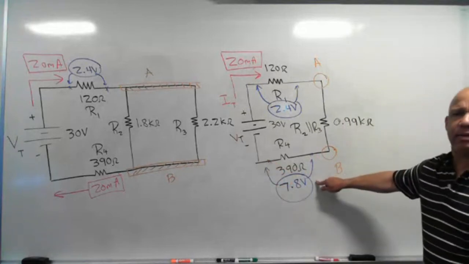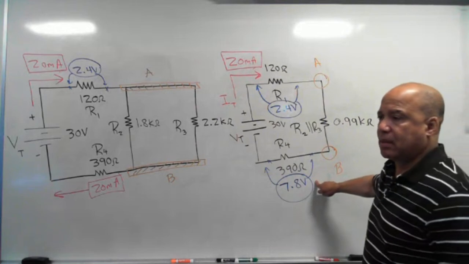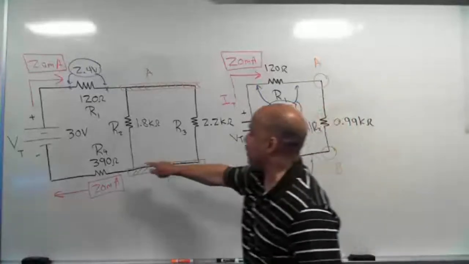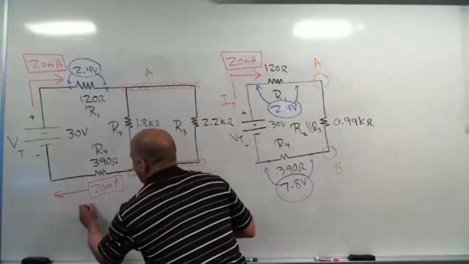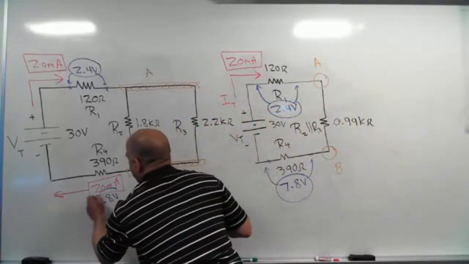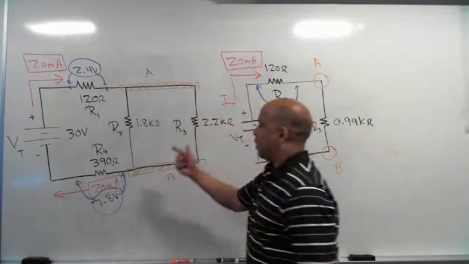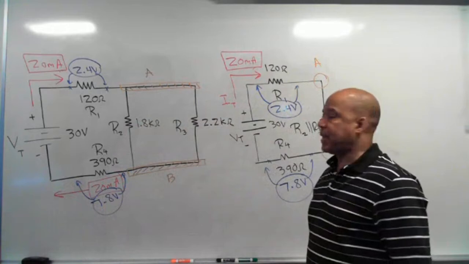Anybody else get 7.8? Let's double check these. Michael, did you get 7.8? Yeah. Okay. So right over here, guys, in this picture, go ahead and write your 7.8 volts across this resistor. And I got the voltage drop across R4.